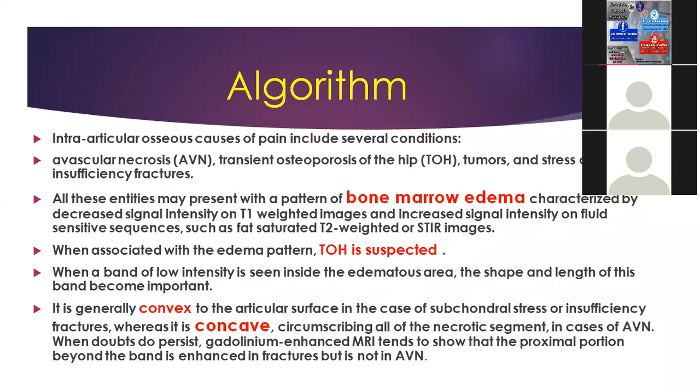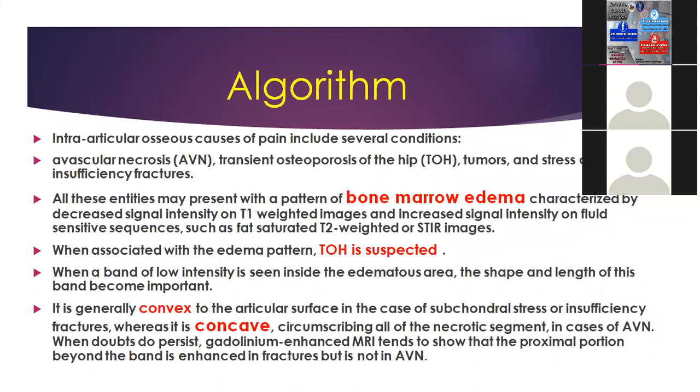What will we do? All this marrow edema is T1 low, T2 high, and on STIR it will be more bright. When associated with a more edema-like pattern, the transient osteoporotic hip will be suspected. If we have any band of low signal intensity inside this edematous area, we look at the shape of this band.